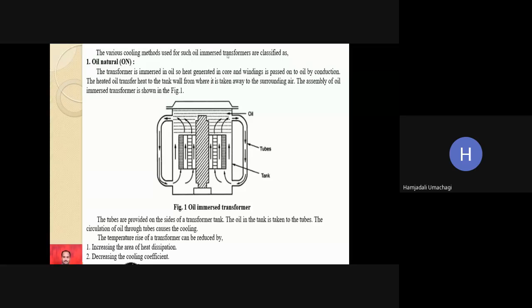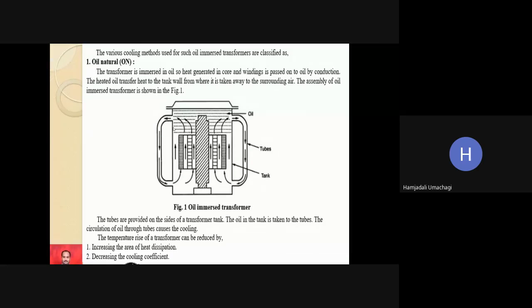Whatever heat is developed inside the transformer because of the heating of the winding and the core, there might be some natural oil or some air which will carry the heat. That heat travels from the windings and the core and passes through the tubes, and is given out to the atmosphere directly by means of some heat transfer method, either convection or conduction.